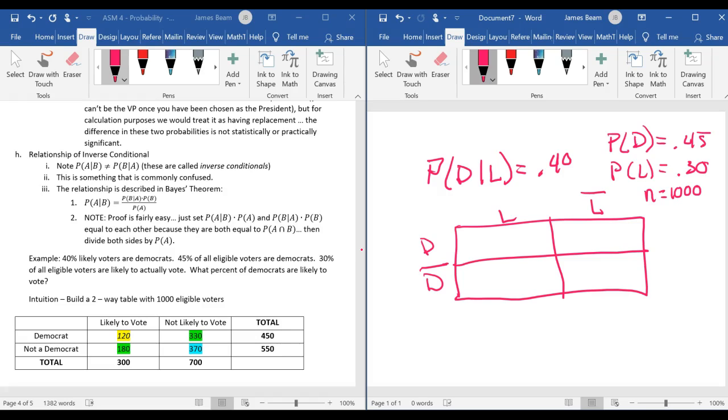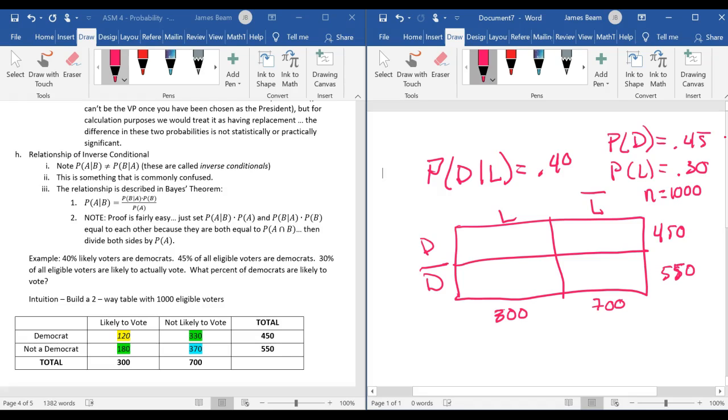Out of the 1,000, 45% of them are Democrats, which means there's 450 Democrats total. Out of the 1,000, 30% of them are likely voters, which means there are going to be 300 likely voters out of the 1,000 total, which means 700 are not likely to vote and 550 of them will not be Democrats. All right, we know this.